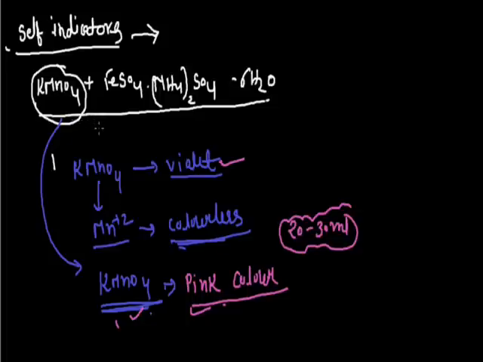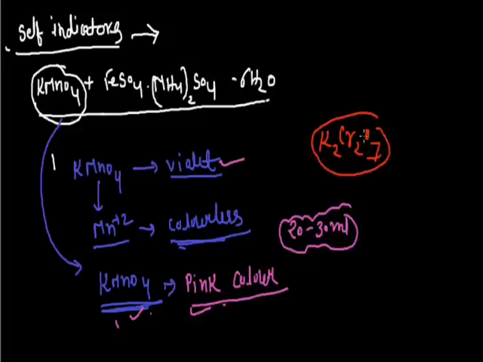If we are using potassium dichromate, K2Cr2O7, which is orange in color, in this titration, it is also a strong oxidizing agent, but it does not act as a self-indicator since its orange color is not so intense.